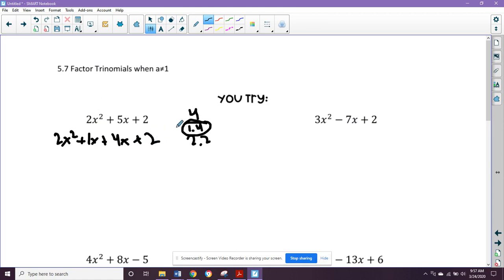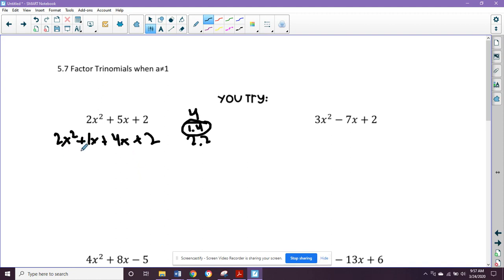Some of you might be wondering, can we write the 4 first and then the 1? The order here doesn't matter. When you go on and factor by grouping, you'll end up with the same 2 binomials.